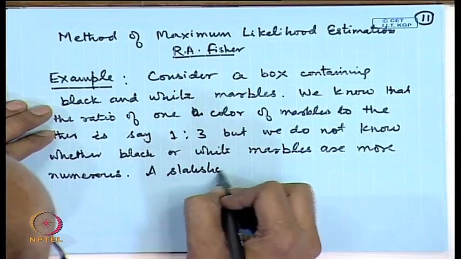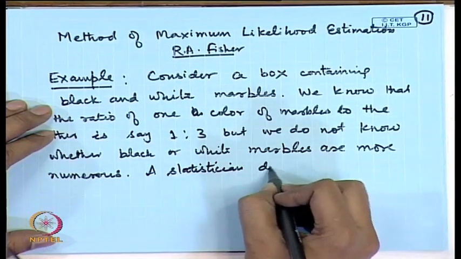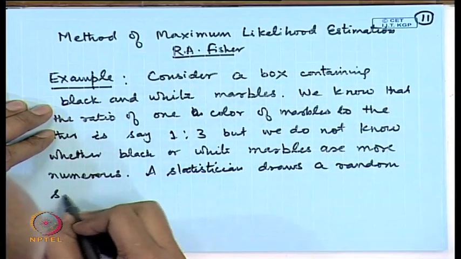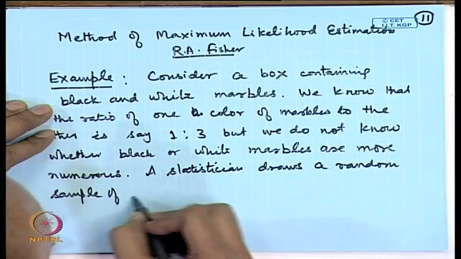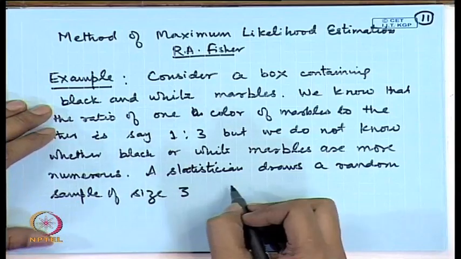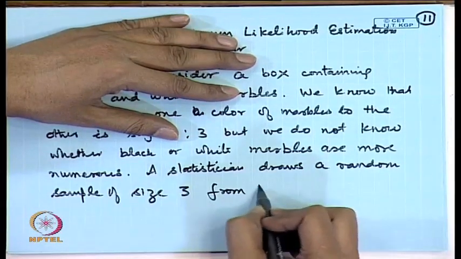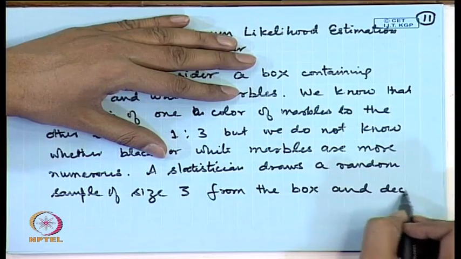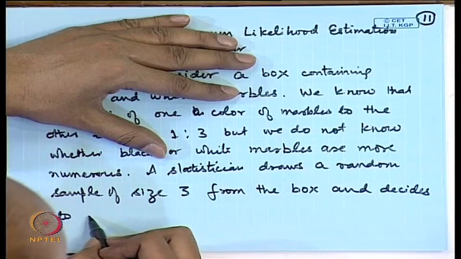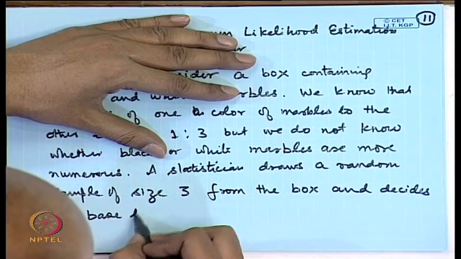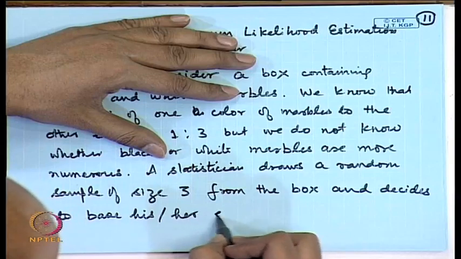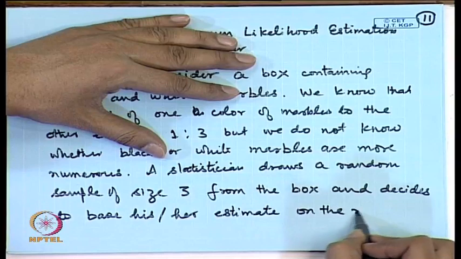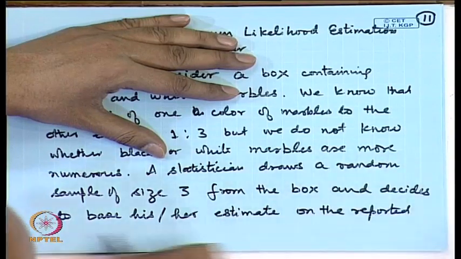A statistician draws a random sample of size 3 from the box and decides to base his estimate on the reported outcome.